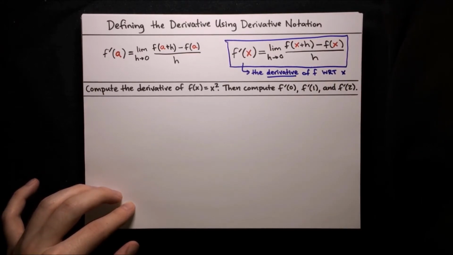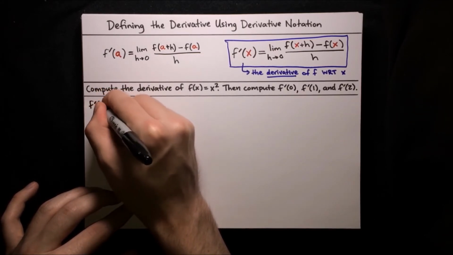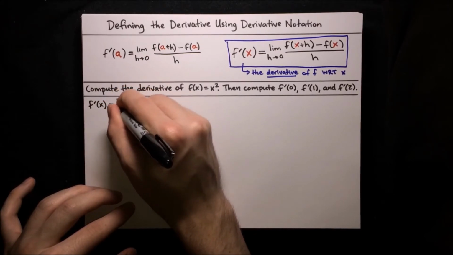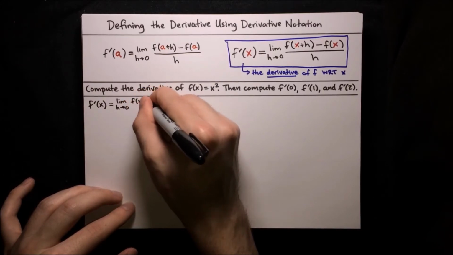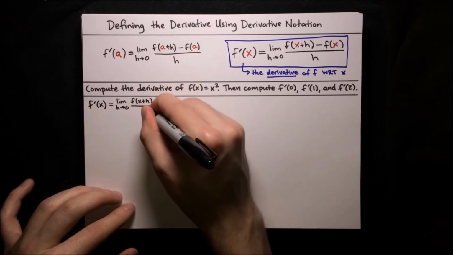Alright, let's apply this concept to a concrete problem. We want to compute the derivative of this function f of x equals x squared. And then once we have the derivative, we'll use it to compute f prime of 0, f prime of 1, and f prime of 2. So all we have to do is use this formula. So f prime of x is equal to the limit as h approaches 0 of f of x plus h minus f of x all over h.